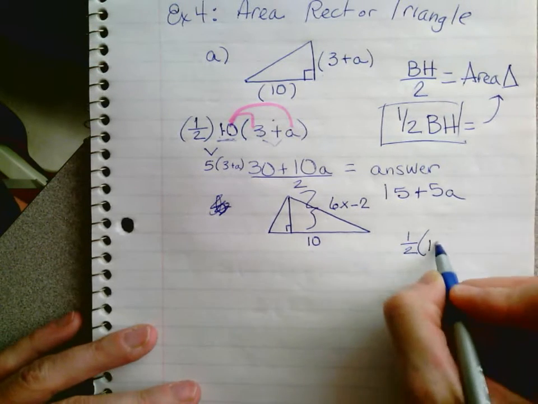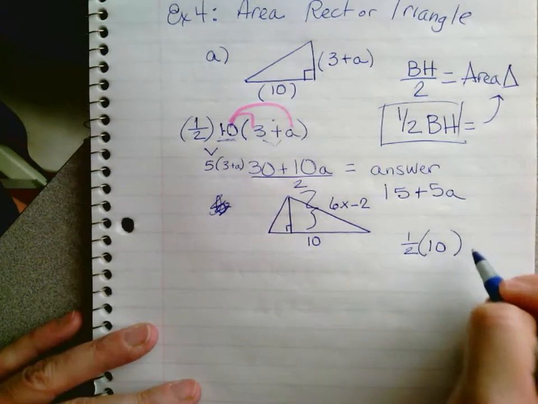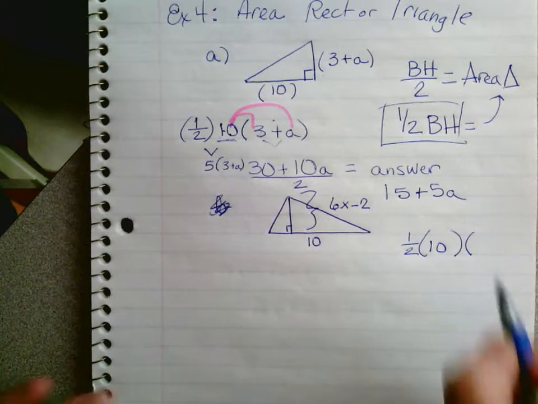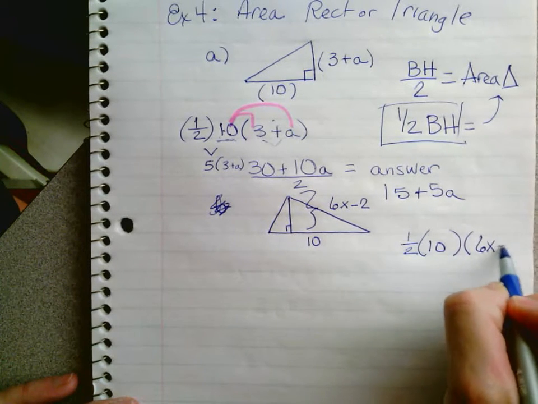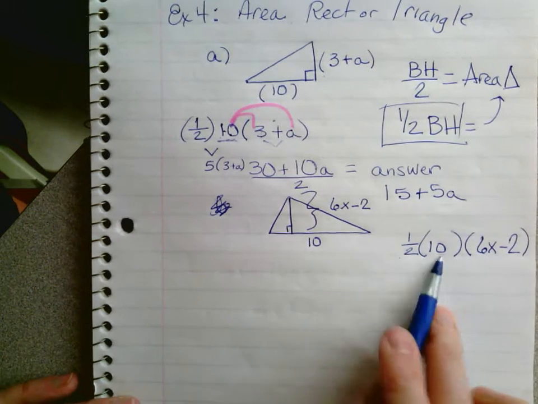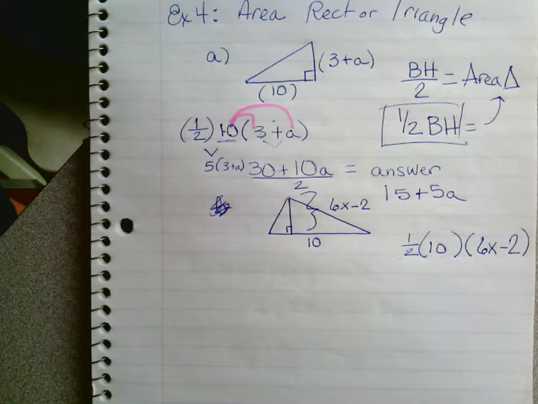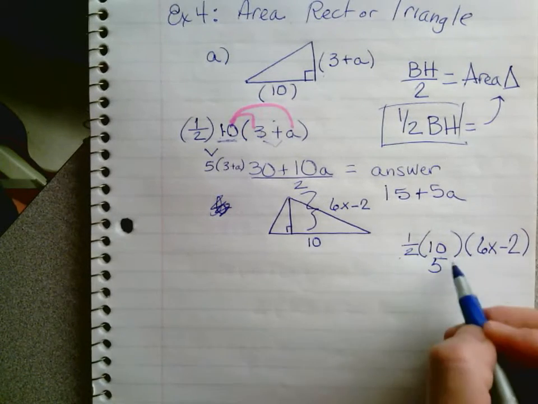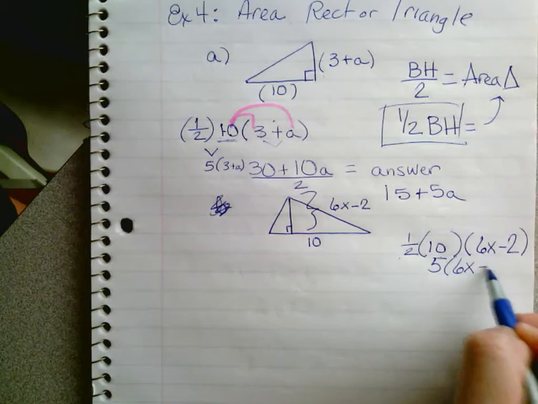Thank you. 1/2 of 10 multiplied by what's the height, class? 6x minus 2. What's 1/2 of 10, folks? 5. Bravo. Can we find out what 5 times 6x minus 2?